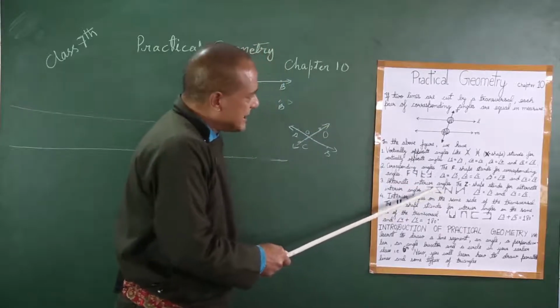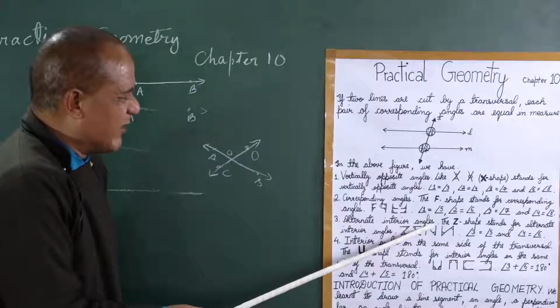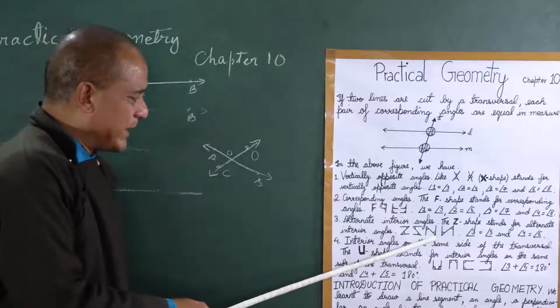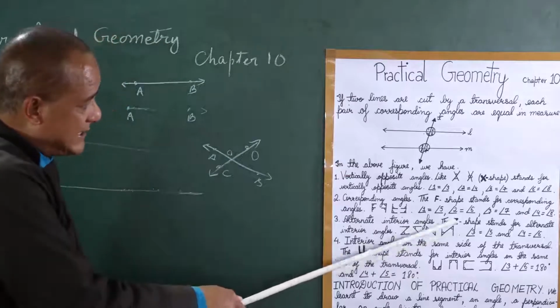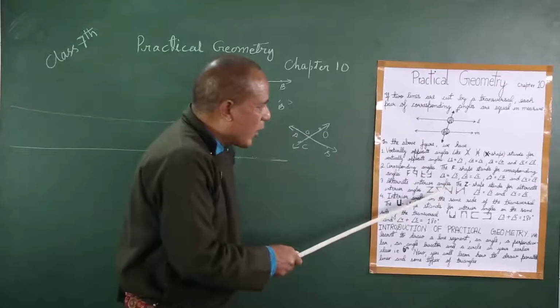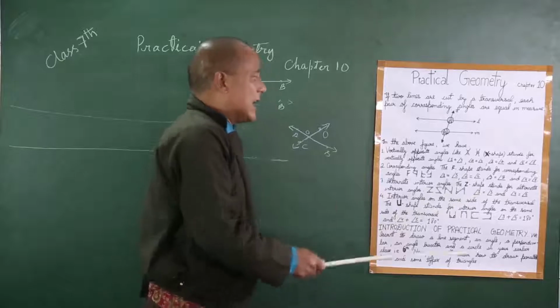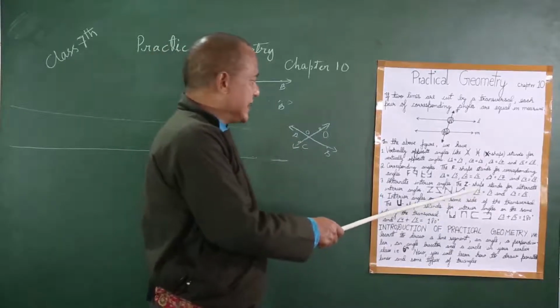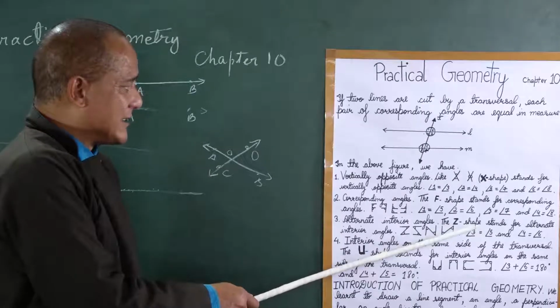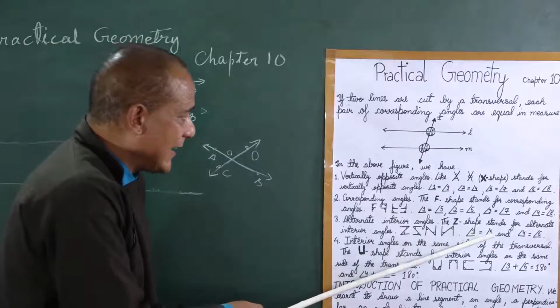Whether it is the image of Z or upside down, the corners of this Z represent the alternate interior angles. So angle 3 and angle 5.